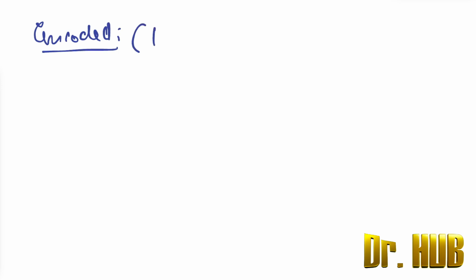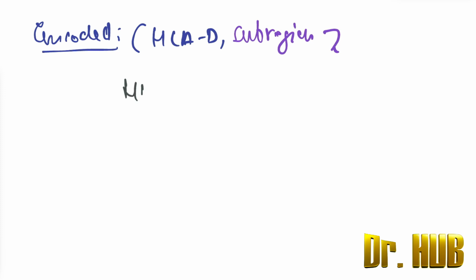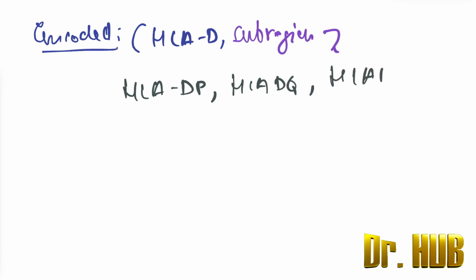They are encoded by the HLA-D region, and there are some subregions. They include HLA-DP, HLA-DQ, as well as HLA-DR.